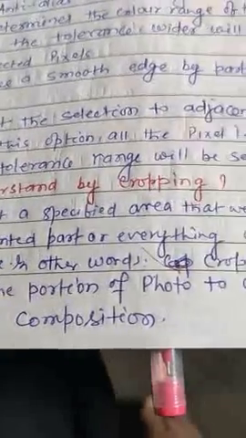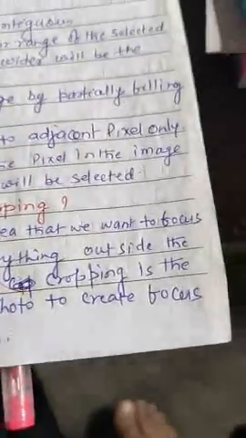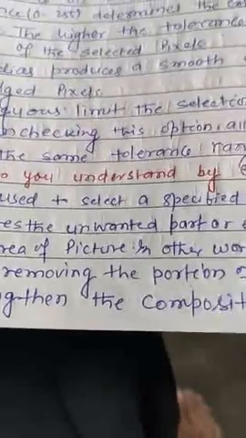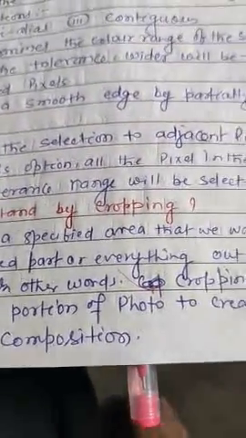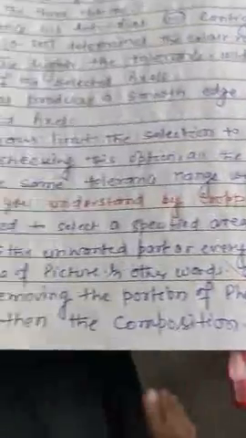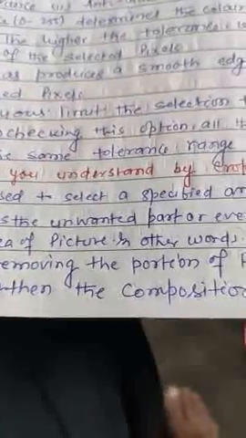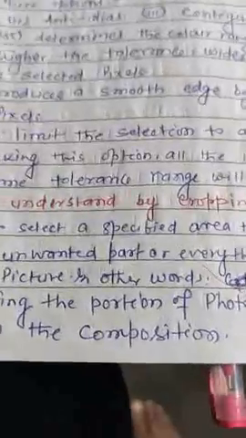In other words, cropping is the process of removing portions of a photo to create focus or strengthen the composition.